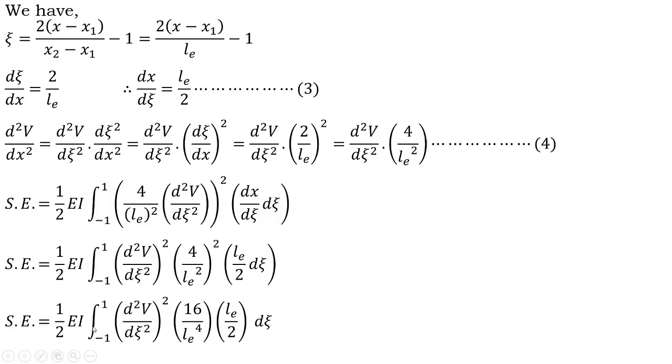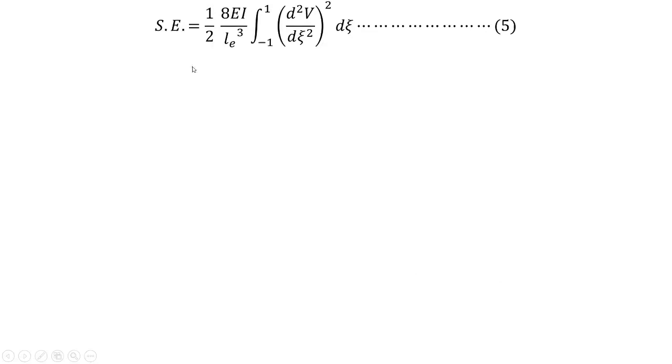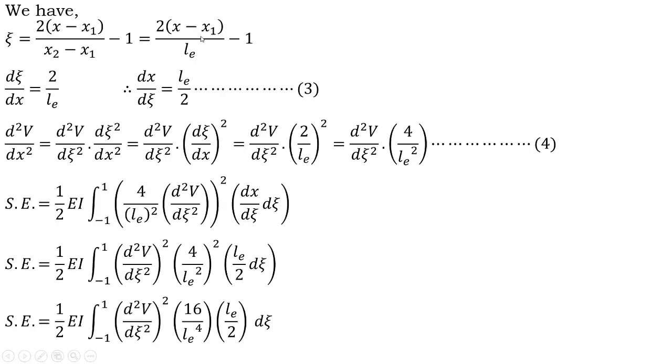Now this entire integration is with respect to dζ. Therefore we have substituted the limit -1 to +1. So in the next, the final equation I am going to get. Here in this relation I am going to take 16 le⁴ into le/2 as a constant outside.